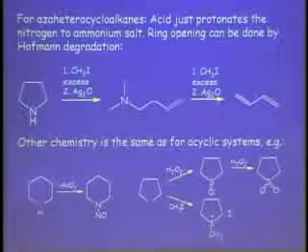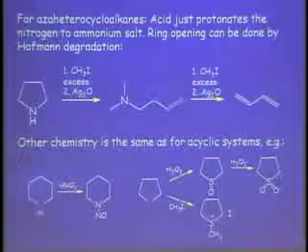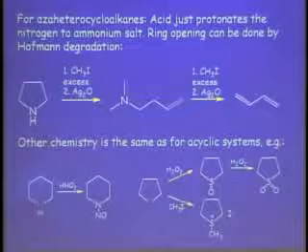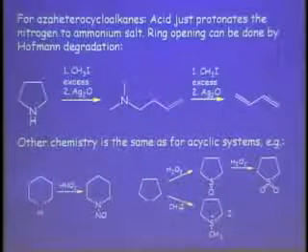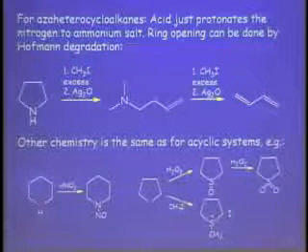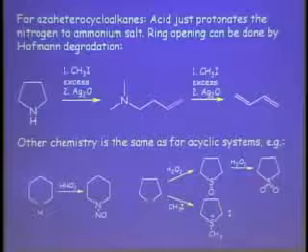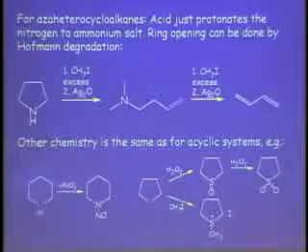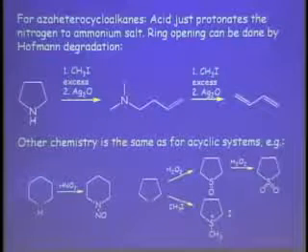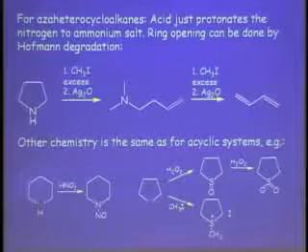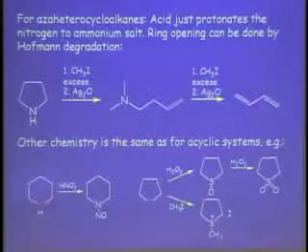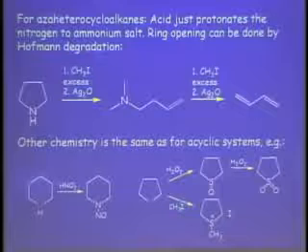So if you take this and argue, well, I'm going to ring open this with concentrated HBr, just like I ring opened the corresponding ether, it won't work. It'll just protonate and make the salt and just sit there. But we know one way to turn the nitrogen into a leaving group, and that's by alkylation.